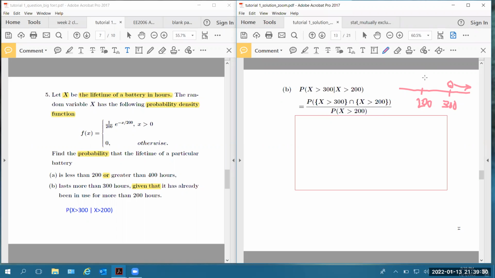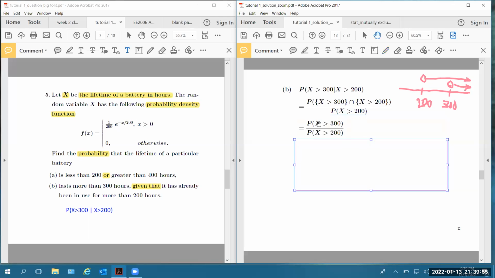Then more than 200: a circle here, then an arrow like that. Now it's very clear. You take the intersection, and the intersection is more than 300. When you are not sure, you just draw a diagram. So X more than 300.